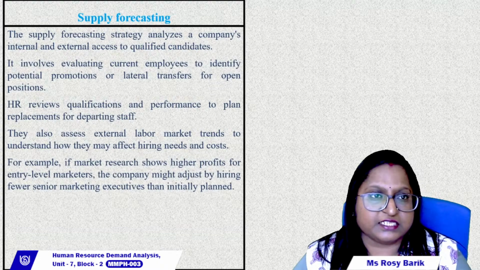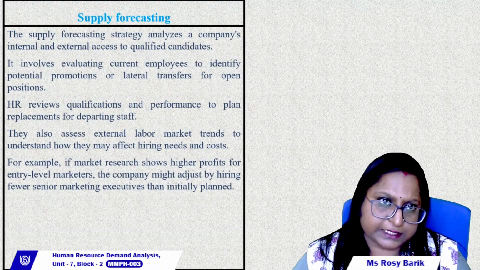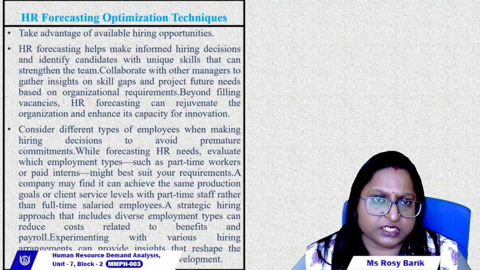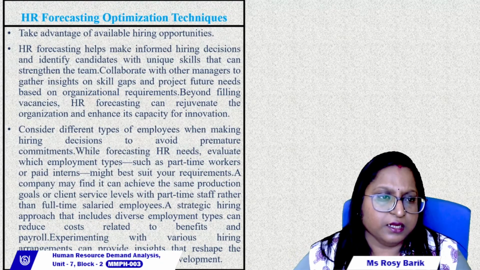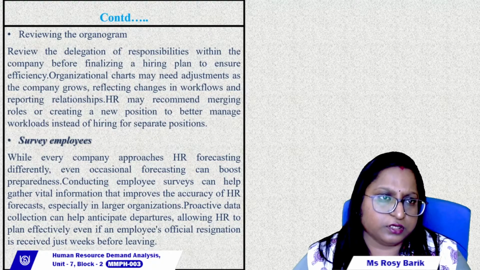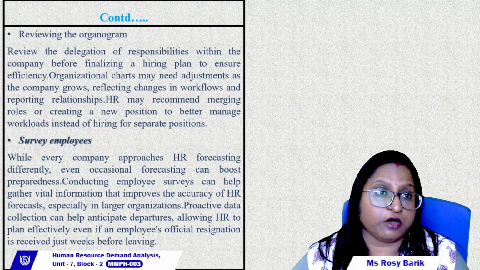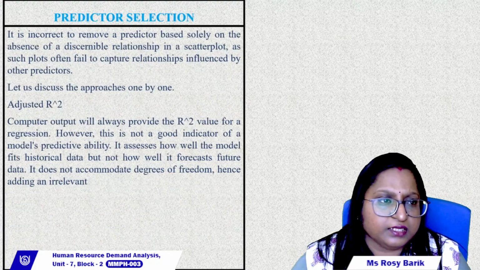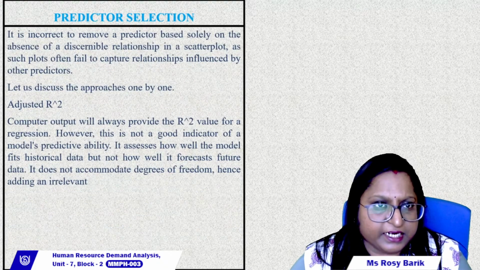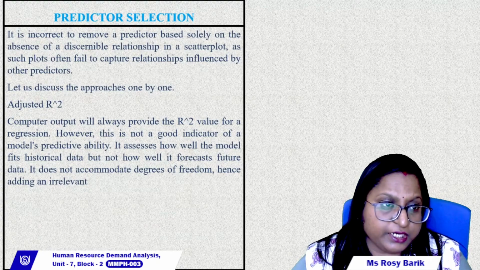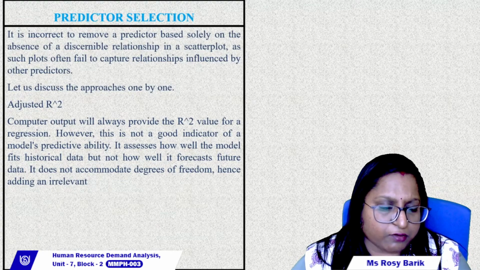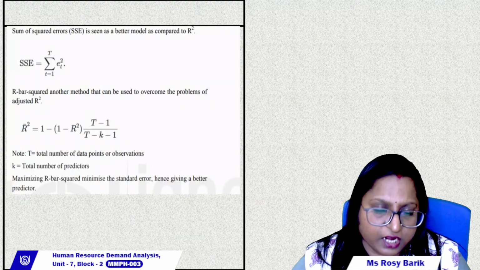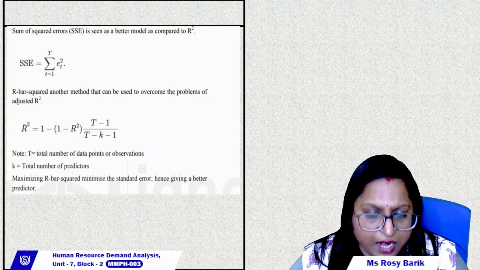Then we have discussed supply forecasting. In supply forecasting, we have discussed HR forecasting optimization techniques, and through this we can find out by reviewing the organogram as well as surveying employees. Then we have done predictor analysis or predictor selection. In this predictor selection, we have studied how to calculate the adjusted R square instead of R square.